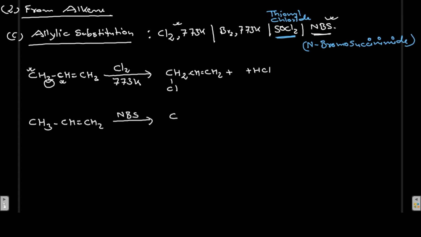Same reaction, same compound will be formed. So now you won't have any problem understanding this, because the hydrogen attached to the allylic carbon is removed. That's why its name is allylic substitution.